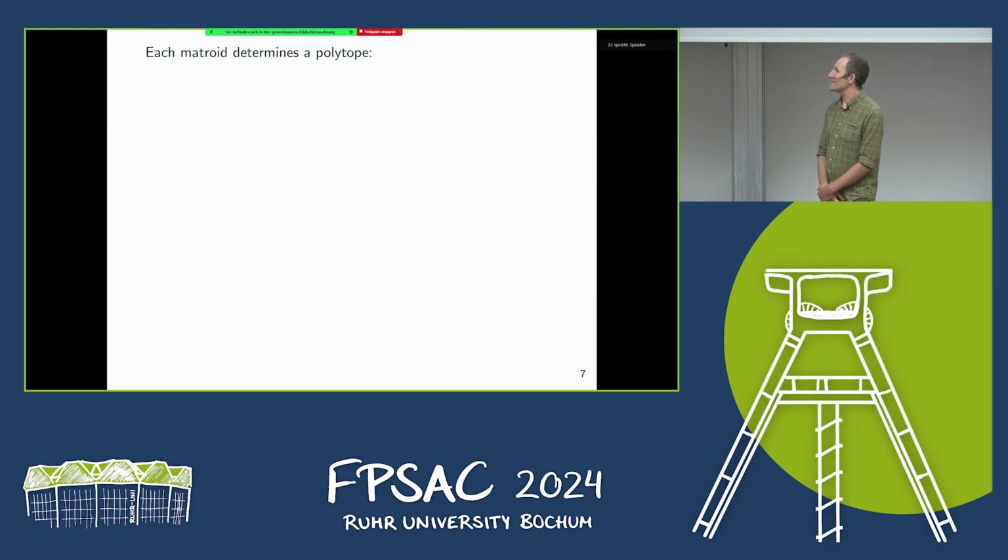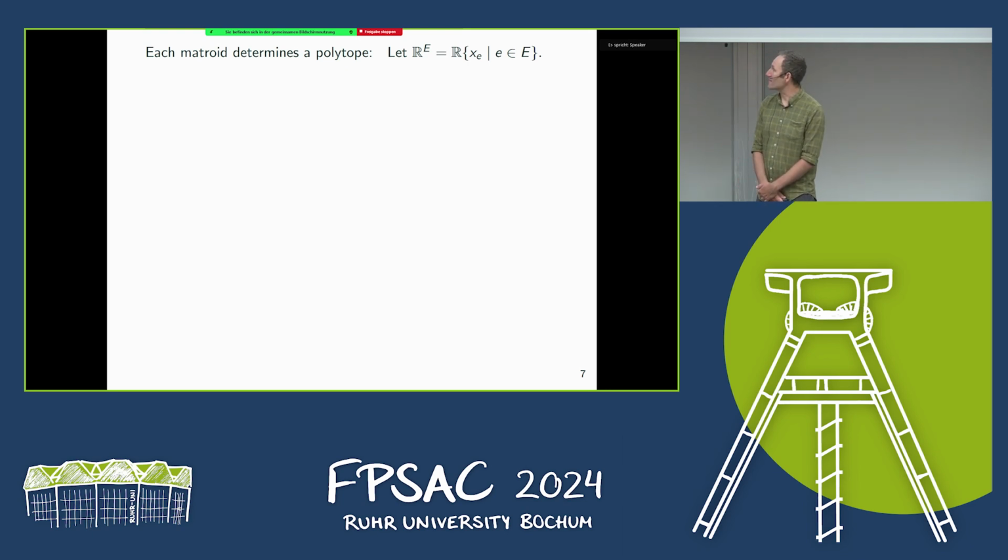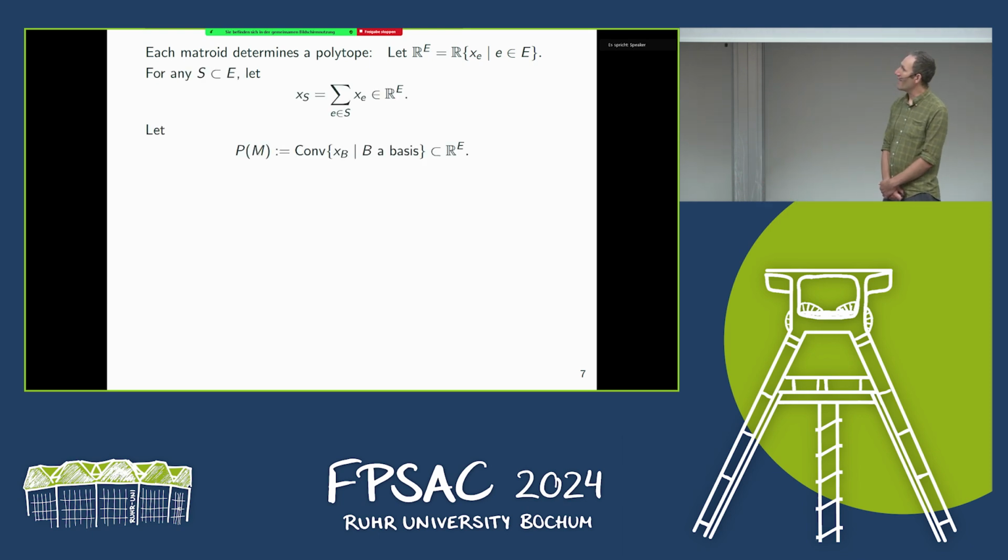Each matroid determines a polytope. Again, we've seen this construction, but I'll just give it again. We're in R^E, where E is the ground set, and it has basis x_e. For any set S, I write x_S as the 0-1 vector that's 1 on that set.